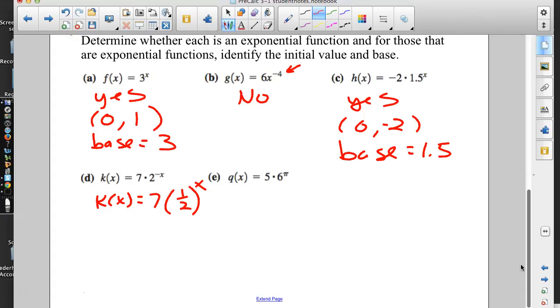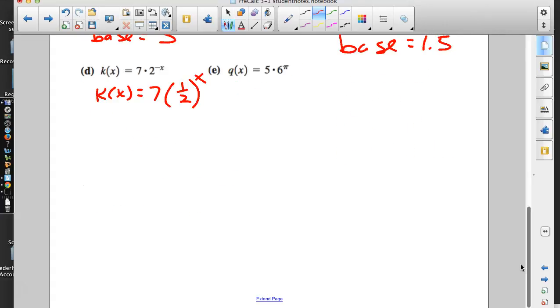Now it looks like that A times B to the x format that we wanted it to have. So initial value 0, what? 7. Base. So it is exponential. We would want to rewrite it in our form A times B to the x.